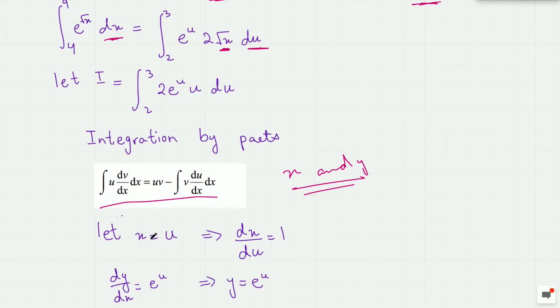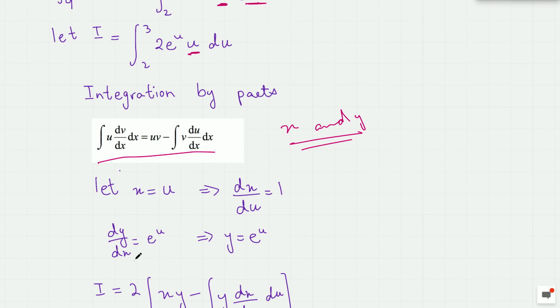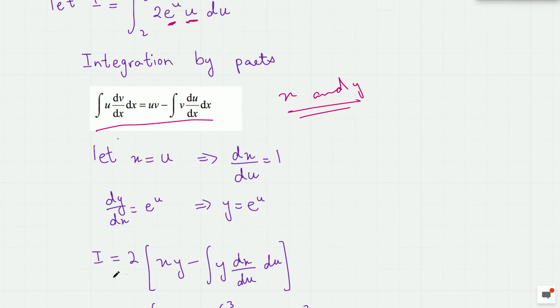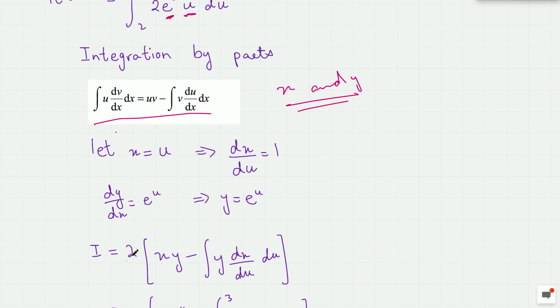So let x equal u, therefore dx over du equals 1. And let dy over dx equal e raised to u. So therefore y will be e raised to u, the integral of this term, which is e raised to u. Now I is equal to 2.